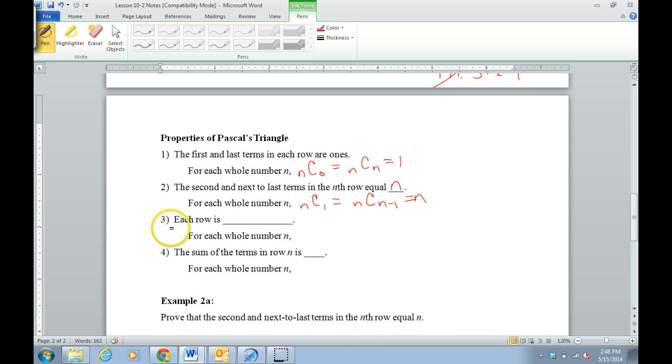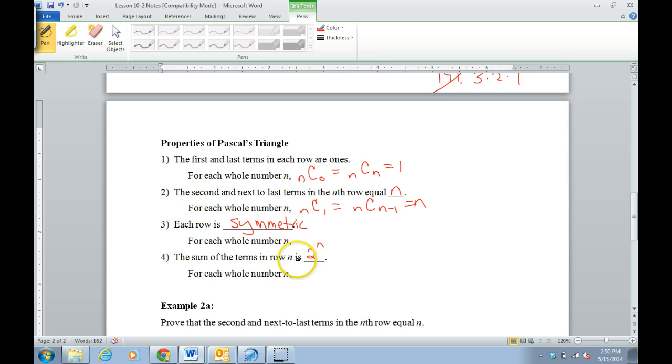Now it also says, number 3, each row is symmetric. What does it mean to be symmetric again? Mirror. Yeah, they're mirror images. For each whole number n. And then it says the sum of the terms in row n is 2 to the nth.